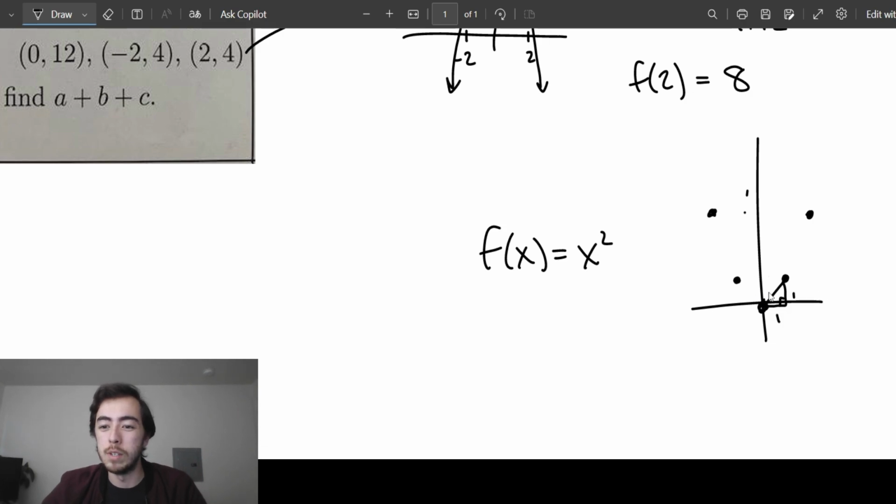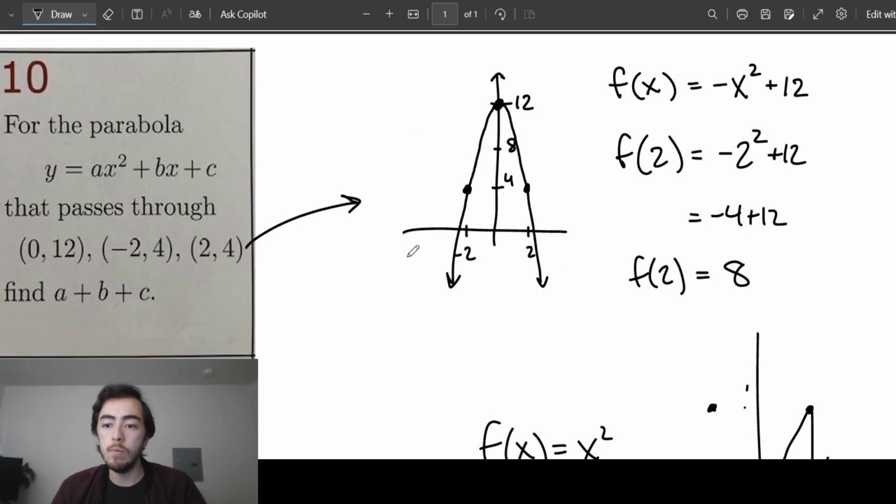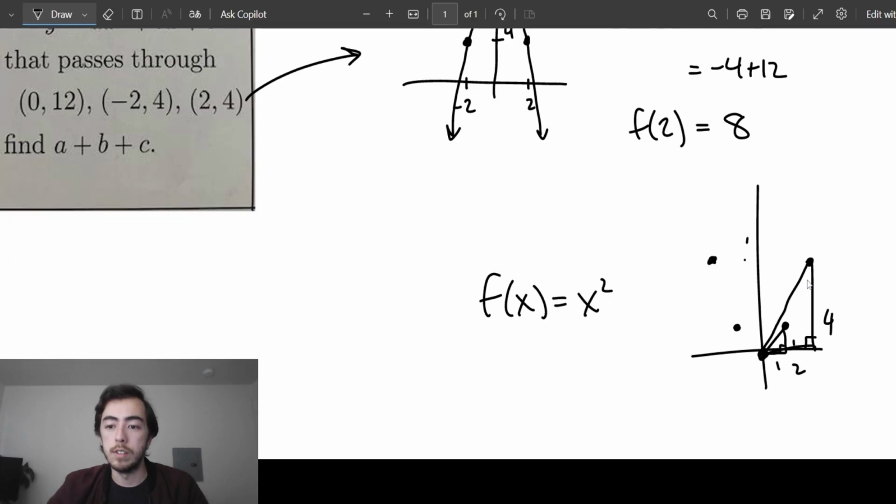And then there's going to be a 2 by 4 right triangle afterwards. And the only way for us to change the scale of these triangles is to include some kind of a value at the start there. A linear term would not change the dimensions of these triangles.